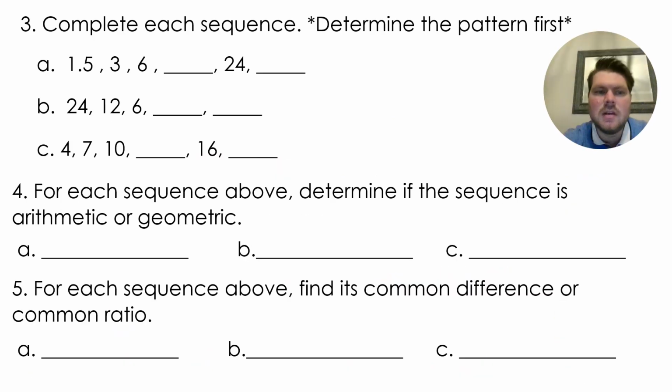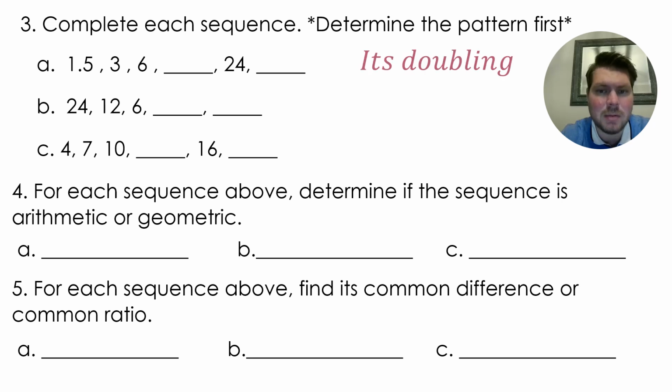Okay, so for this, we're given these numbers, and we're going to try to find the pattern. So we have 1.5, 3, 6. Hopefully you can see the pattern. It's doubling. So this would be 12, meaning this would be 48. For B, we're starting at 24, and then we have 12, 6, and it's halving.